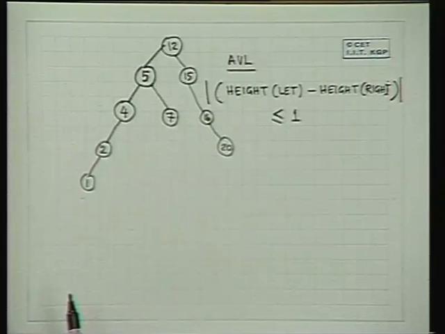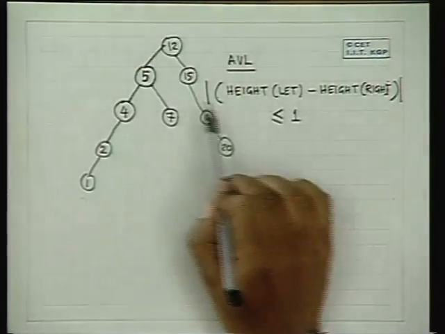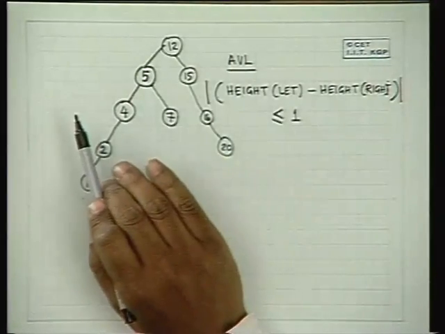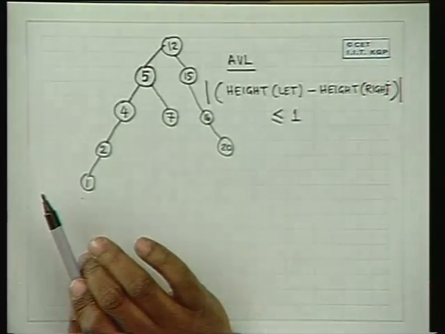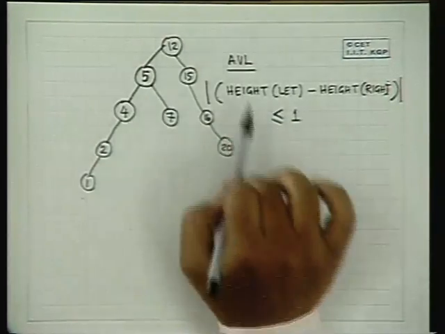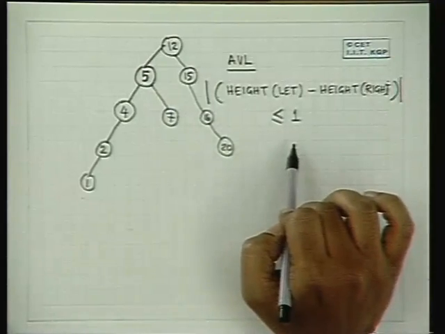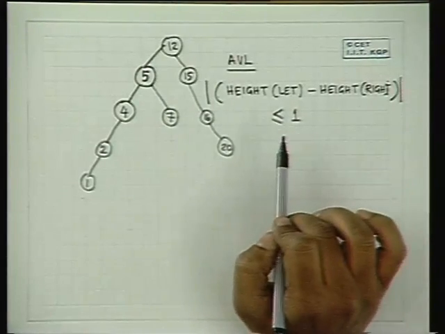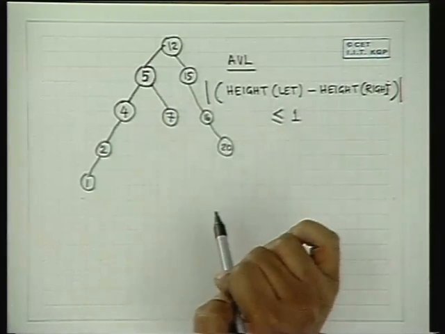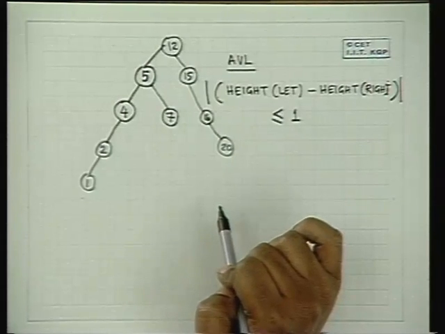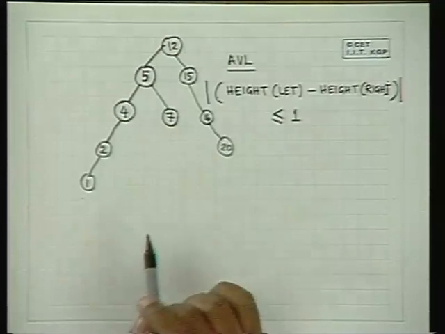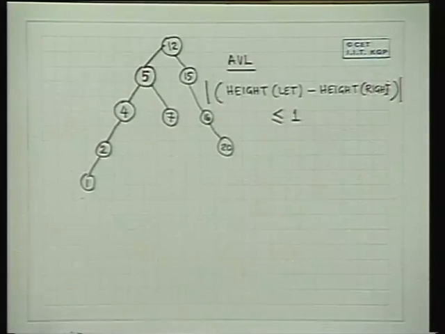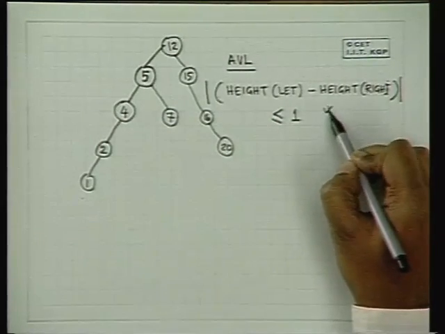So the AVL tree says that at every node the height of the left tree and the height of the right tree must differ by at most 1. You can prove that if this condition holds at every node, then in the worst case the height will be order log n. I'll leave it to you to prove why it happens like this.